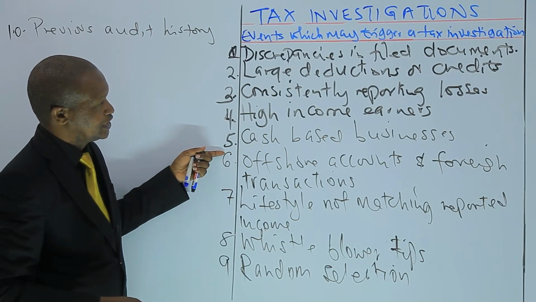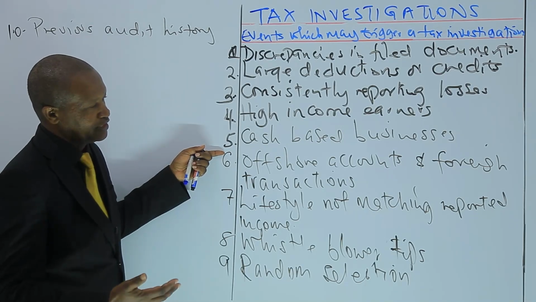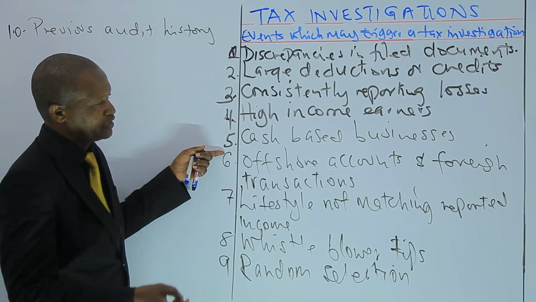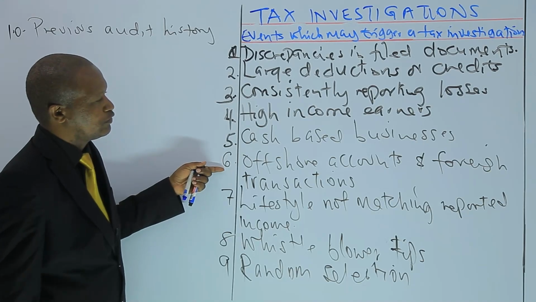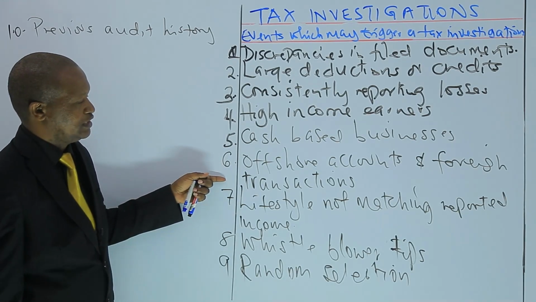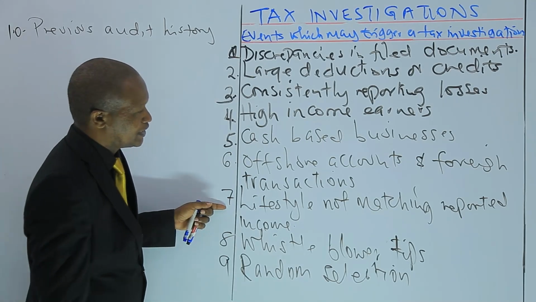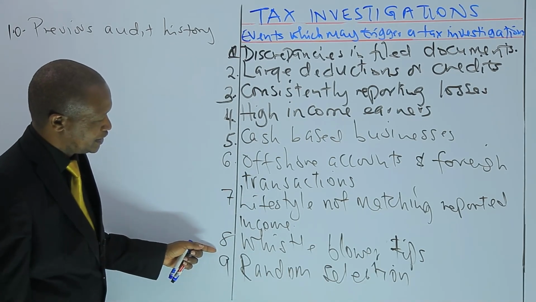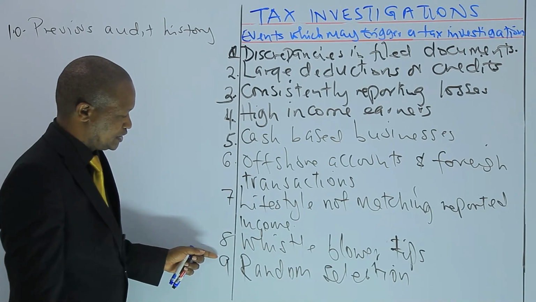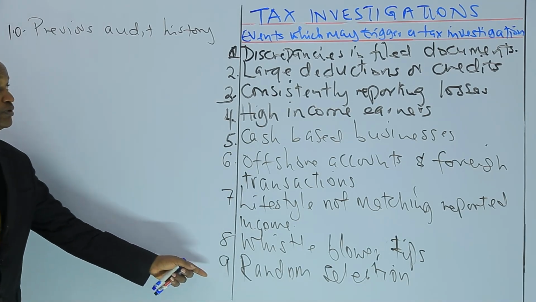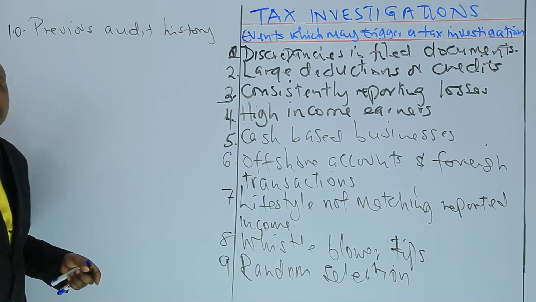Number 5, cash-based businesses like supermarkets, salons, and restaurants. Number 6, offshore accounts and international transactions. Number 7, lifestyle not matching reported income. Number 8, whistleblower tips. Number 9, random selection. Number 10, previous audit history.